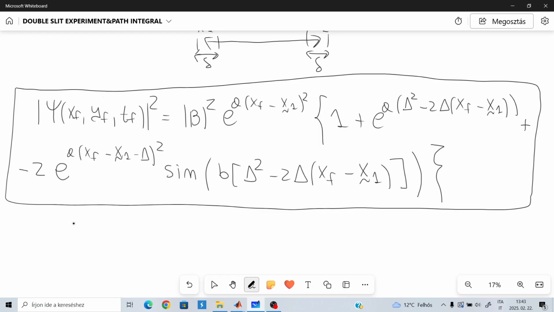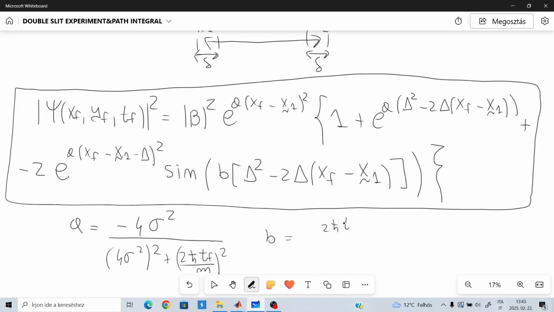And remember that the parameter a can be written as minus 4 sigma squared divided by 4 sigma squared plus 2 h bar tf divided by m, squared, and then I have b equal to 2 h bar tf divided by m, divided by 4 sigma squared plus 2 h bar tf divided by m, and this is squared as well.